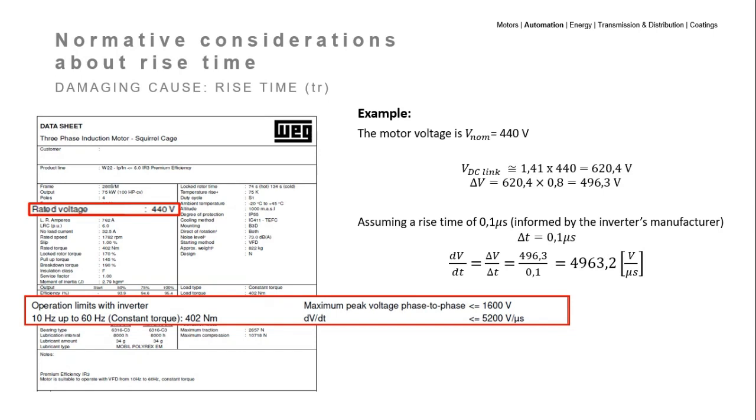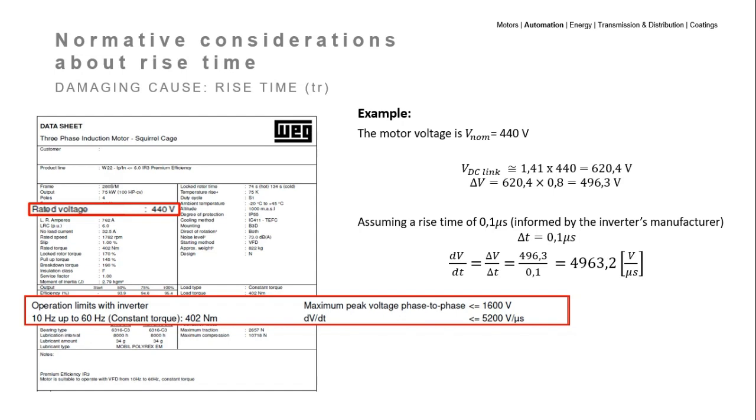Here we have an example of a motor's data sheet which was designed to be used with an inverter. Let's make the calculation using this motor's data. The rated voltage is 440 volts. This way, the VDC link is 620.4 volts. So the delta V is 620.4 volts times 0.8 equals 496.3 volts.